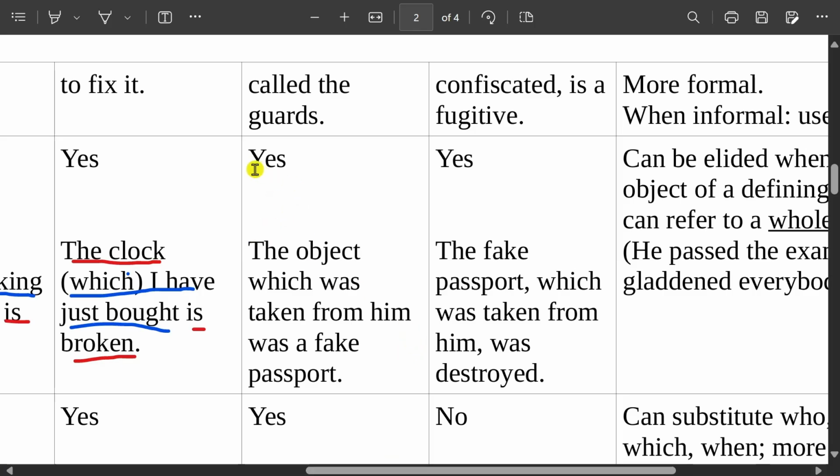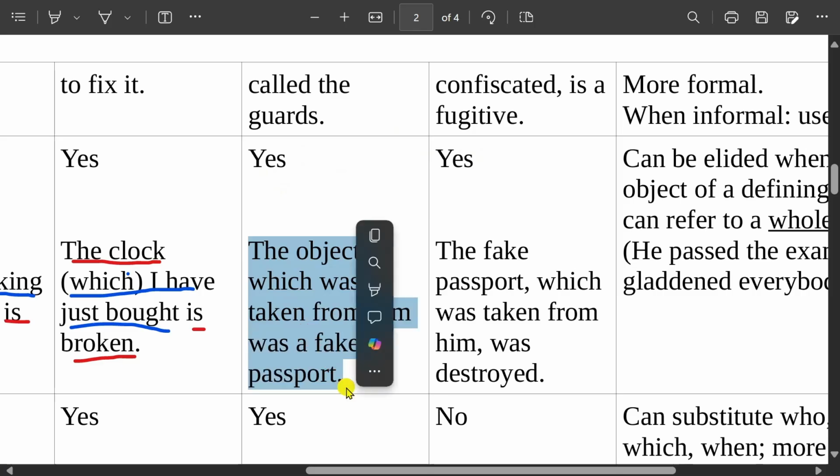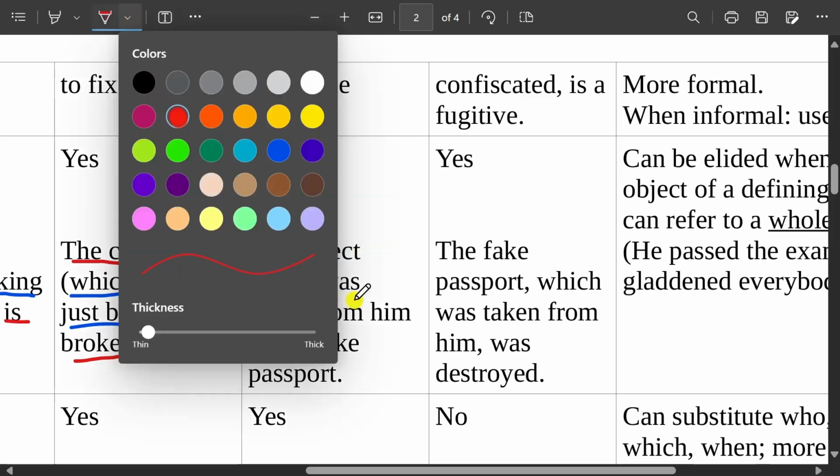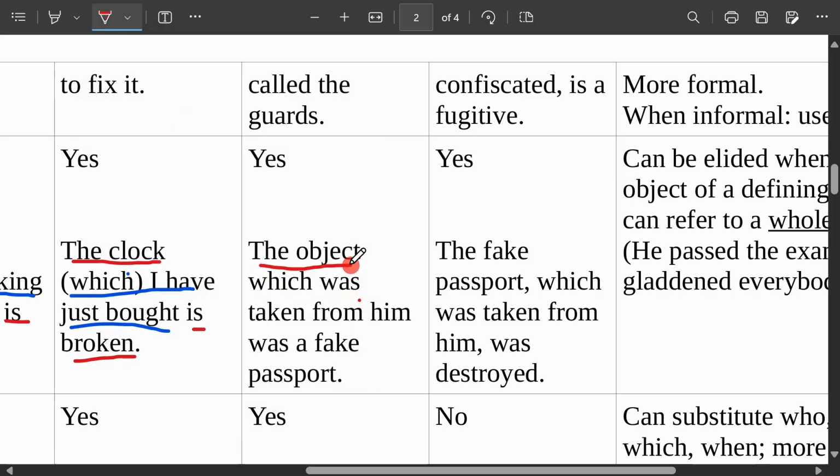So this one can be both. Remember this? A defining clause gives important information that specifies the noun. It helps you understand what you are talking about. So for example, this sentence: the object which was taken from him was a fake passport. The main sentence is the object was a fake passport.